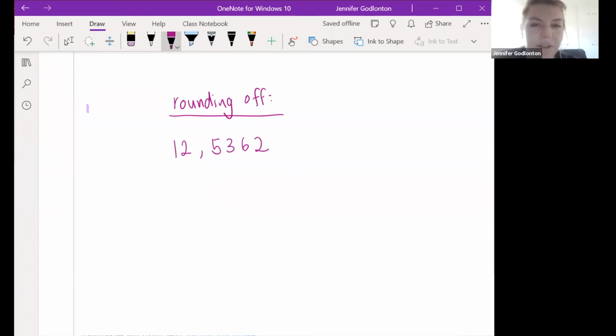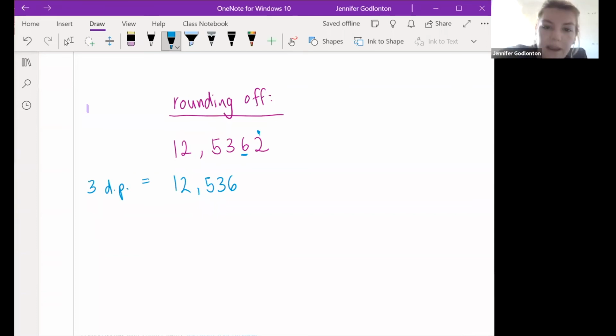Let's say that was my number. If I wanted to round that off to 3 decimal places, I'm going to look at the number next to it. The number next to it is a 2. 2 is less than 5. And so because this number is smaller than 5, my number in the front stays the same.